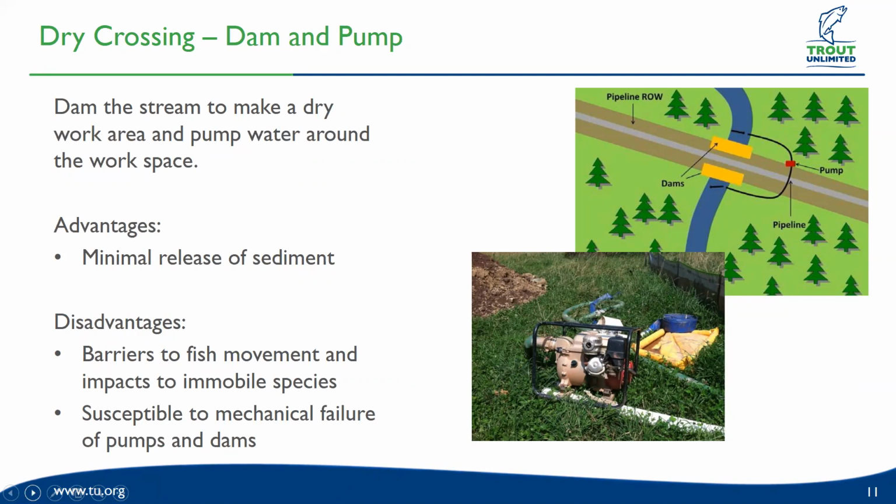The advantages of this method is that there is less sediment released, but the disadvantages is that there can be barriers to fish movement and impacts to immobile species, and there is a chance of mechanical failure of the pumps or the dams, which would cause the water to flow back into the diverted area and cause additional sedimentation and erosion.